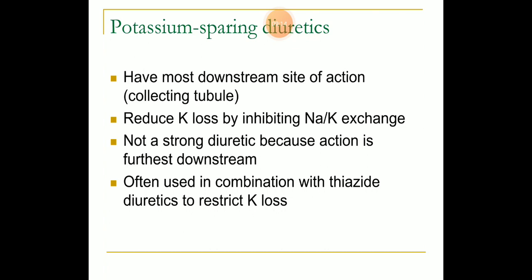The sodium entry partially depolarizes the membrane, and though it is not accompanied by chloride and bicarbonate, it creates a negative transepithelial potential difference of around minus 15 millivolts, which promotes secretion of potassium into the lumen through potassium channels. Basically, the term potassium sparing is a misnomer. They are actually retaining potassium in your body. So, they are increasing the concentration of potassium, though they are diuretics.